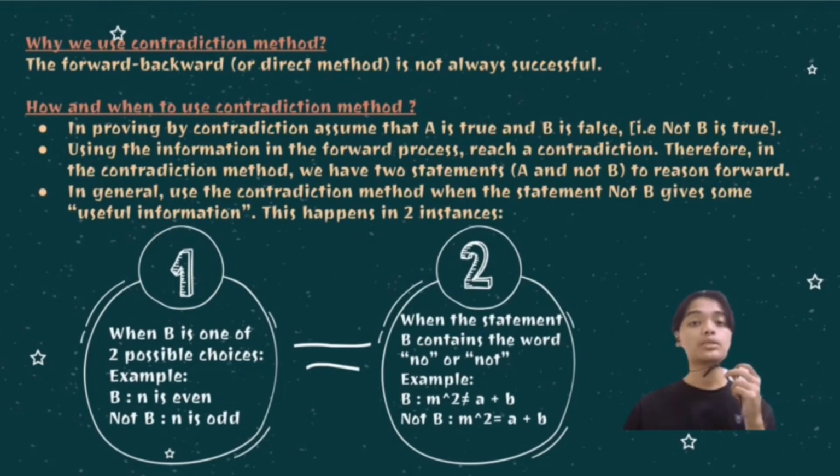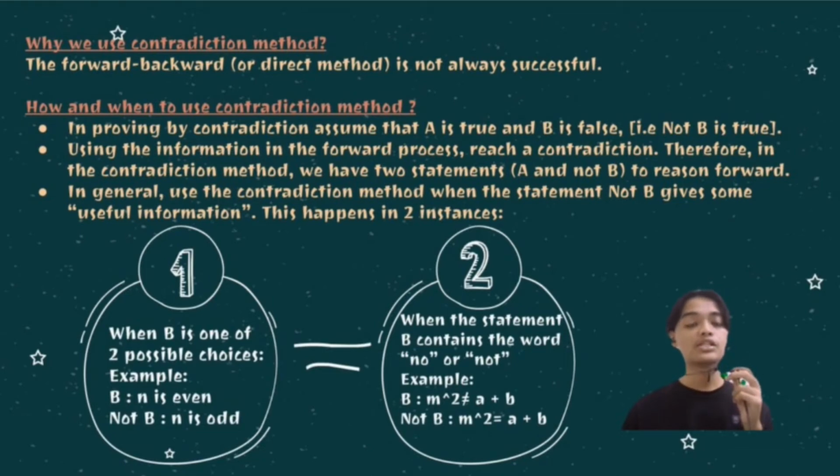My name is Zairi bin Zamri, and I will continue with the contradiction method. Why do we use the contradiction method? We use it because the forward, backward or direct method is not always successful. So we need to use this method to prove the question. And how and when do we use it? We use it in proving by contradiction.